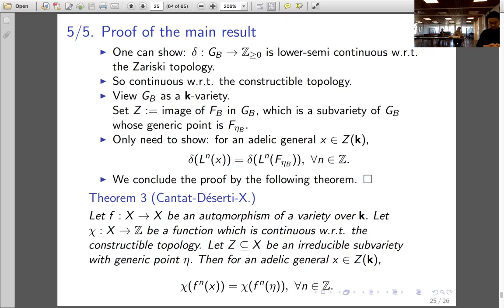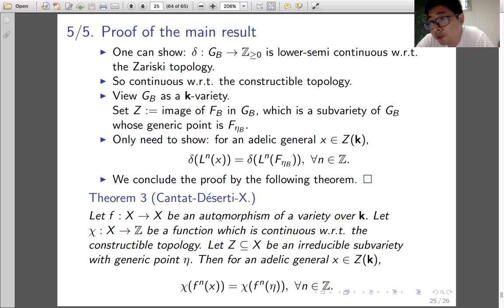Okay, I see. Then the second question is that here f: X → X is an automorphism, and you prove that f is continuous with respect to the adelic topology. So maybe you can consider entropy. Can you say it again?